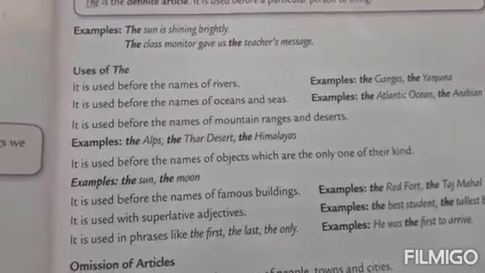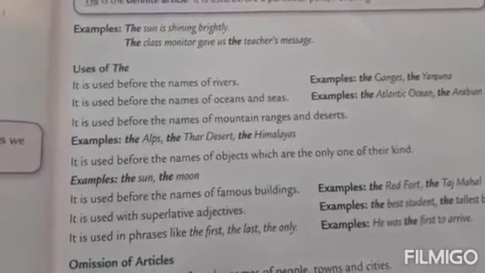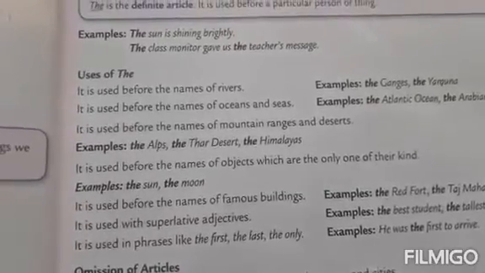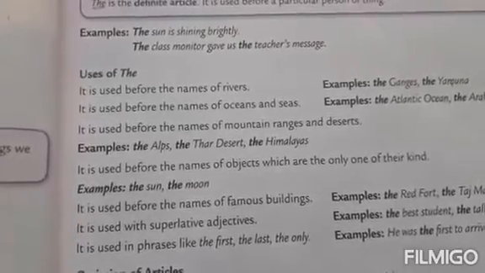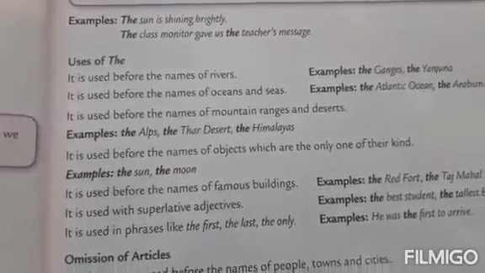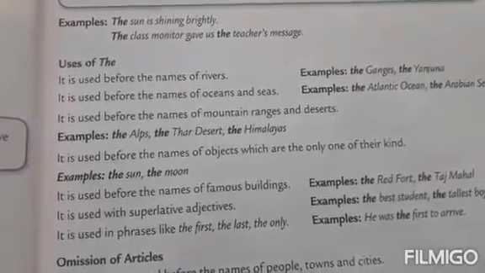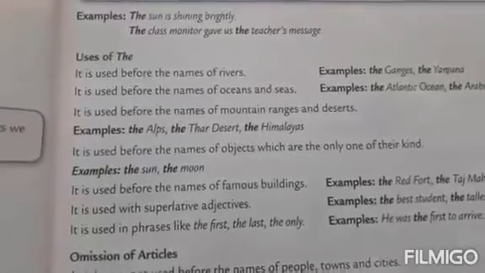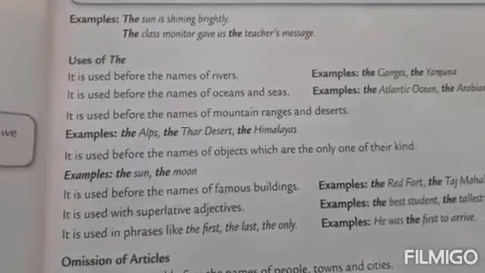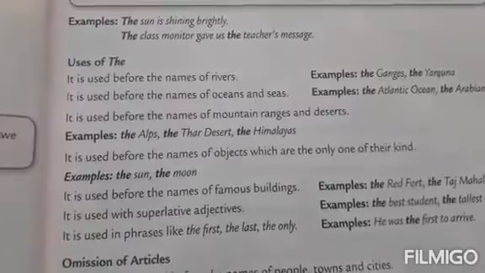All these are examples of oceans, mountain ranges and deserts. It is also used before the names of objects which are the only one of their kind.